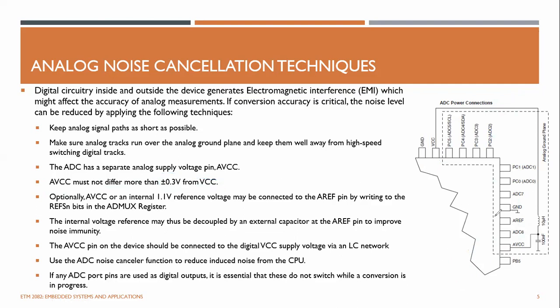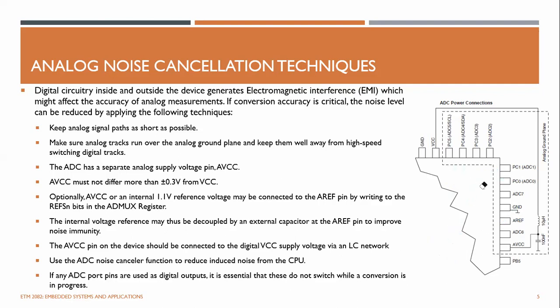Right, for the AVCC reference, there should be some reference voltage, otherwise the ADC will not work. You can either connect any external DC power source to here, or you can use the internal band gap reference. This is option 1. You can connect external, or you can use the internal 1.1 volt supply. Or you can directly use this AVCC supply for the reference.